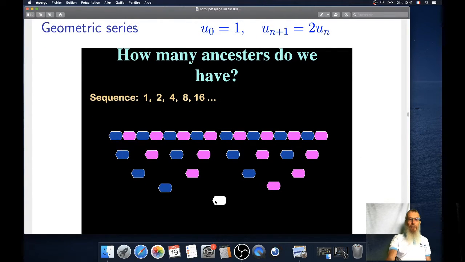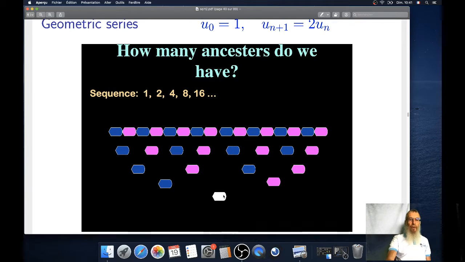So we start with yourself. You have a father and a mother. Your father and your mother each have a father and a mother, and each of them has a father and a mother. So if you start with you, the number of ancestors is 1 at level 0. At level 1, you have 2 ancestors. At the next level, you have 4.